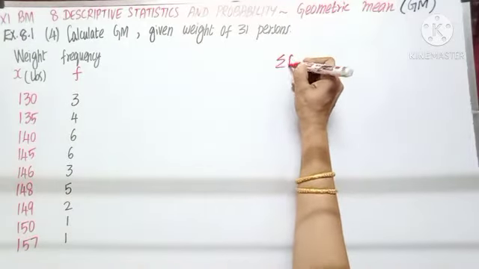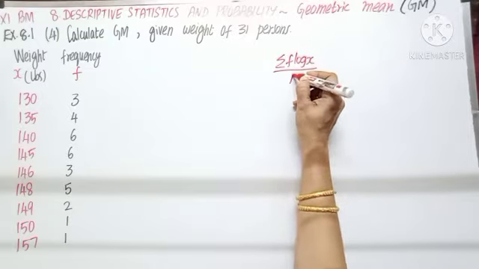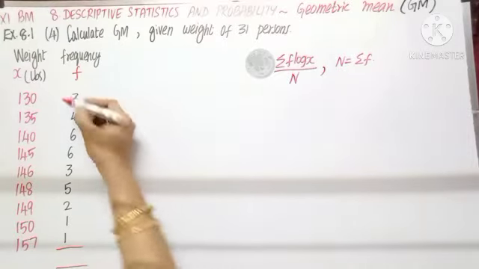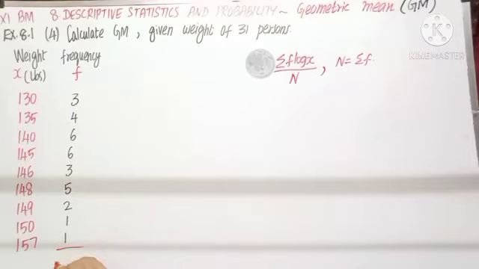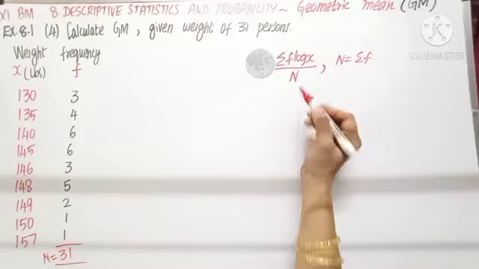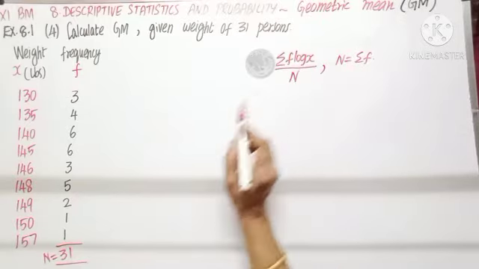Sigma F log X divided by N. So my very first step, calculate the total. They have given 31. So if I add all the frequencies, I will get 31, which I call capital N. Once I know capital N, let me proceed to find F into log X.